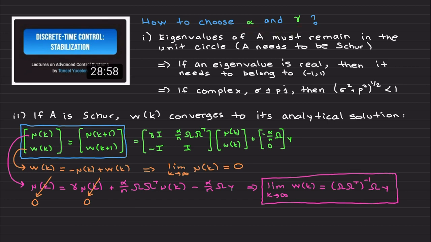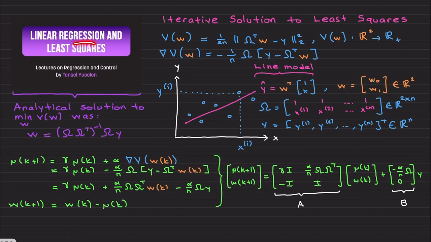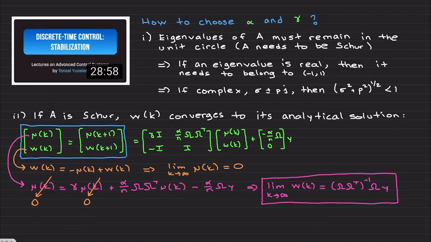Now, if A is Schur, meaning that your eigenvalues are inside the unit circle, then Vk will converge to its analytical solution. What is the analytical solution? This is the solution that we established in this video, meaning that your convergence is guaranteed, very mathematically precise. So to see this, we need to find the equilibrium point.